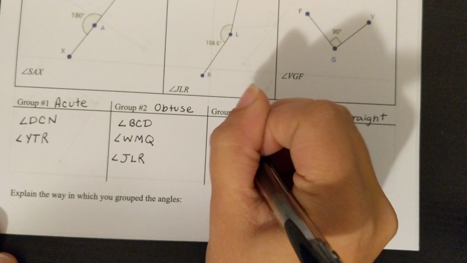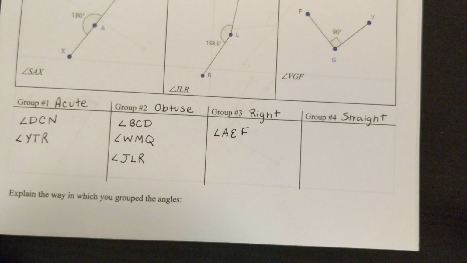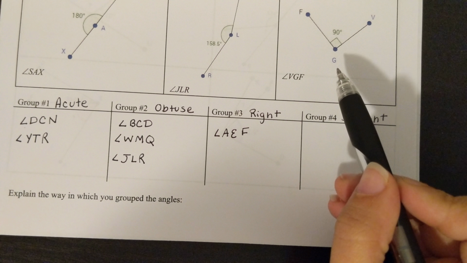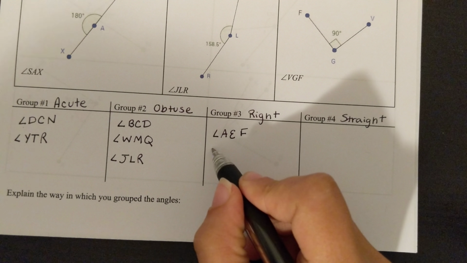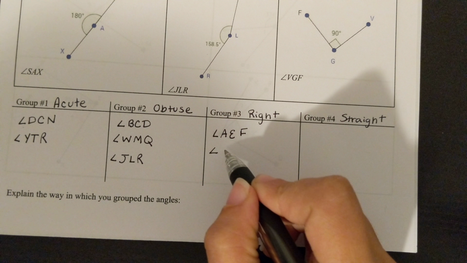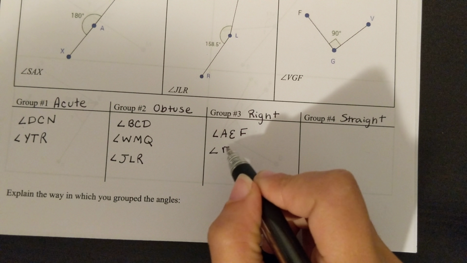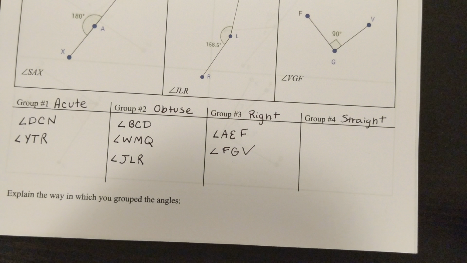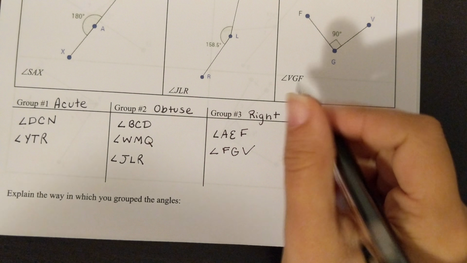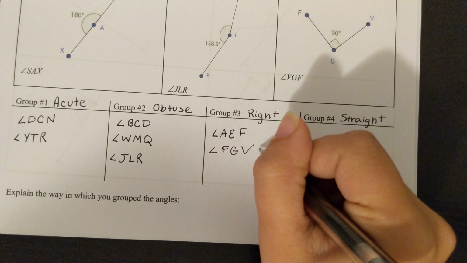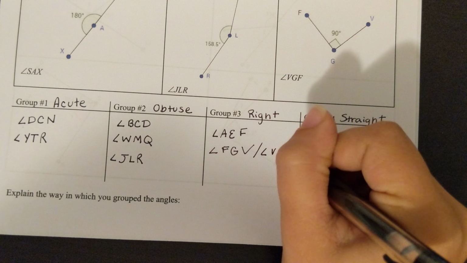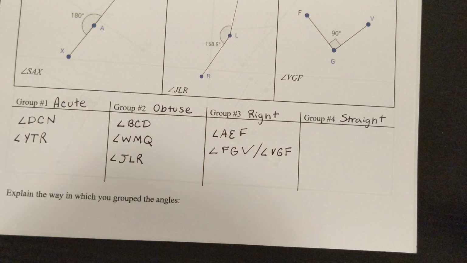And in the last row, the very last angle was 90 degrees, angle FGV, or VGF as it's written here. It's the same thing, as long as G, the vertex, is in the middle, we're good.